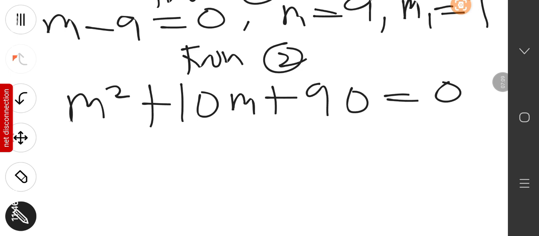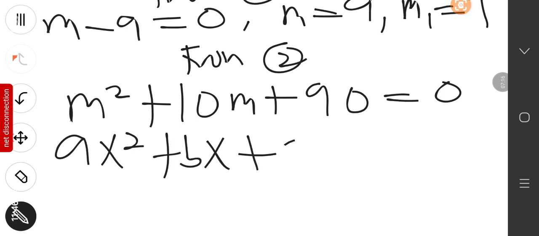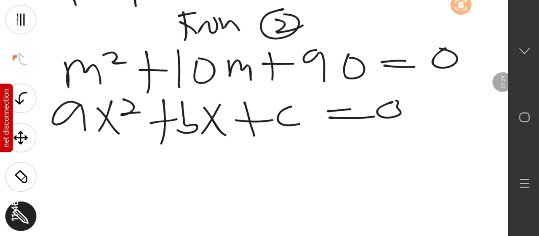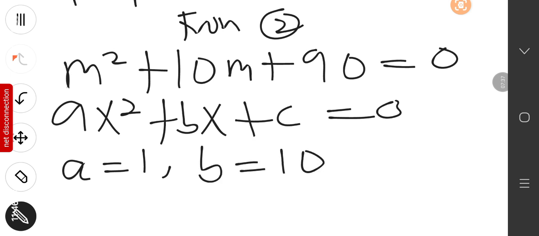Before we apply it, let's quote ax squared plus bx plus c equals 0. Every quadratic equation has this form. So we're going to compare this to our equation. When we compare, we see that a equals 1, b equals 10, and c equals 90.